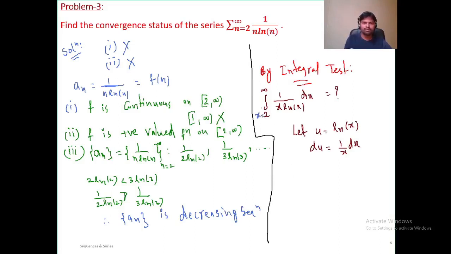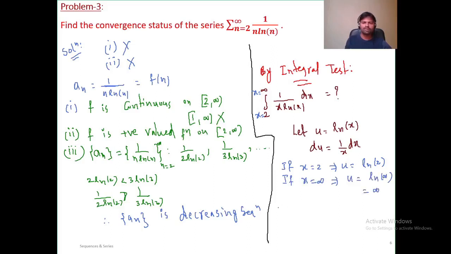Now for the new variable u limits: if x is 2, then u is ln 2, so the new lower limit is ln 2. If the old upper limit is infinity, then the new upper limit is ln infinity, which is again infinity.